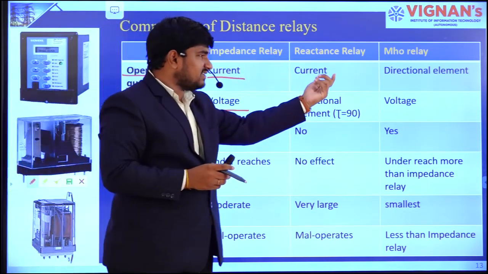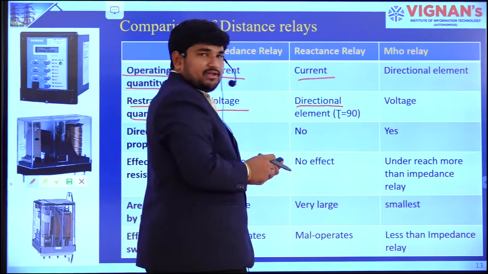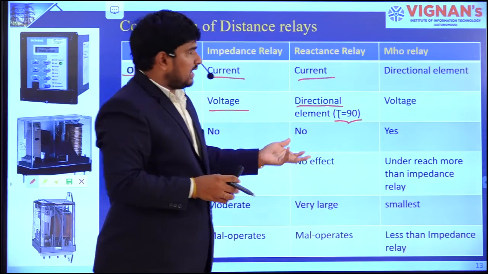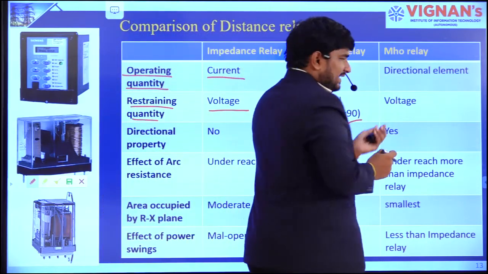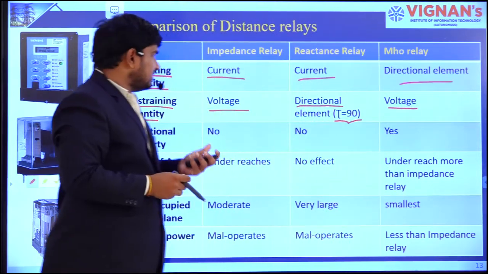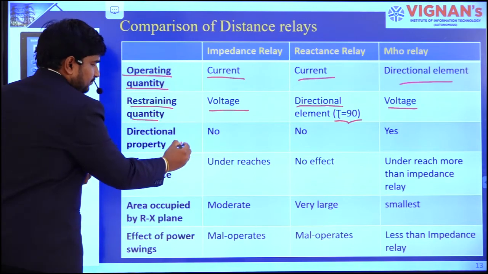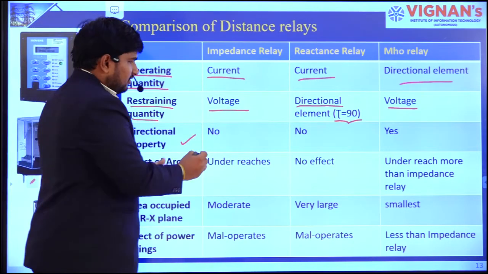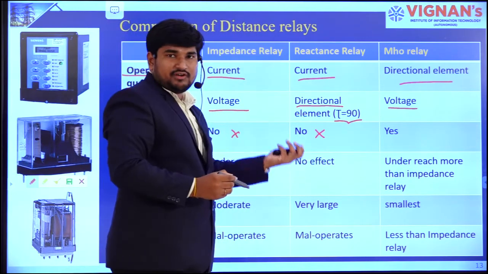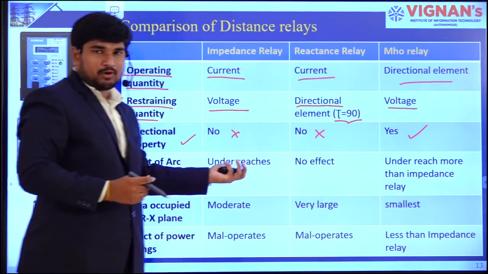The reactance relay is a directional restraint over current relay, with the condition tau equal to 90 degrees. And the Moore relay is a voltage restraint directional relay. And for the directionality property, the impedance relay will not have any directional property, and the reactance relay also will not have any directional property, but the Moore relay will have the directional property.